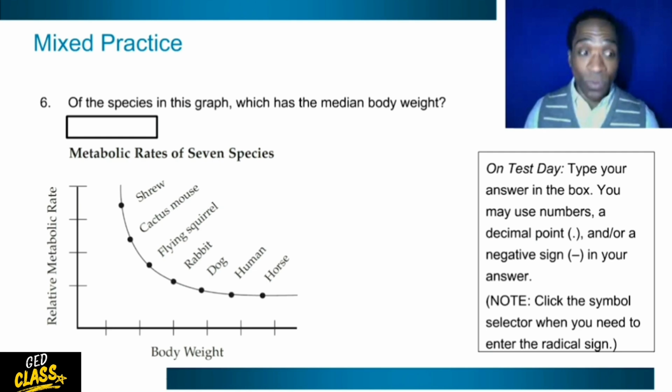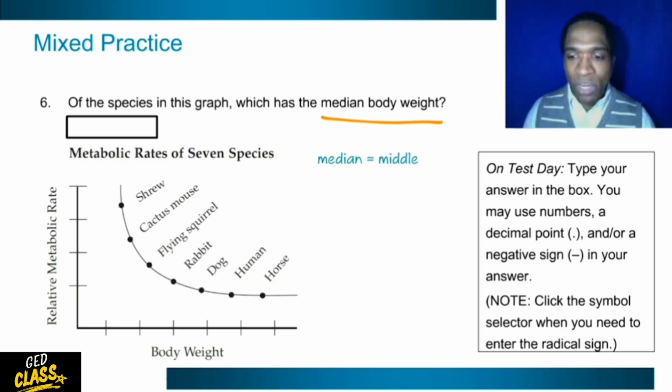All right, so we're asked for the median body weight. And the median would be where in this list of animals? Remember, the median is all about the center of the data, so it's in the middle here. And how many points? There's 7. So remember, when there's an odd number of terms, the middle term is the median.